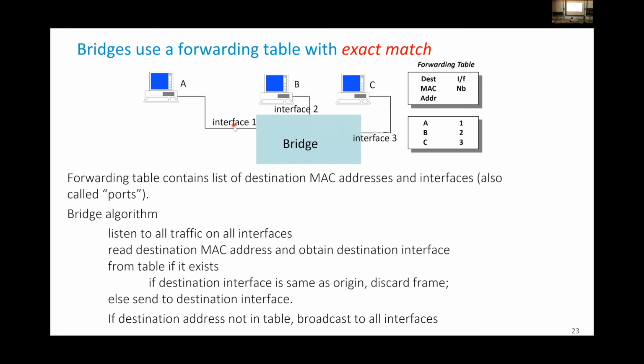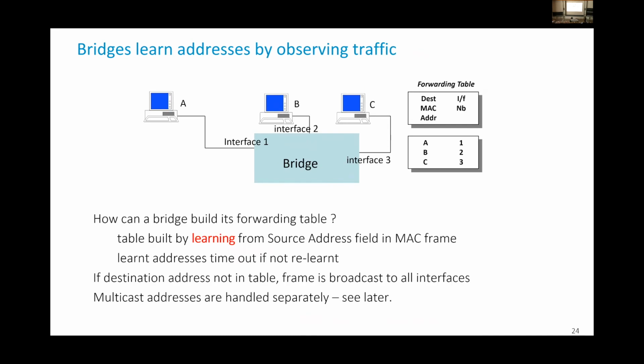Of course, if the destination is on the same interface as the origin, you discard the frame. There's no need sending to A something that is coming from A. If the destination is not in the table, the bridge will broadcast to all interfaces. So we'll see that bridges once in a while will do a broadcast. But of course, this is not smart.